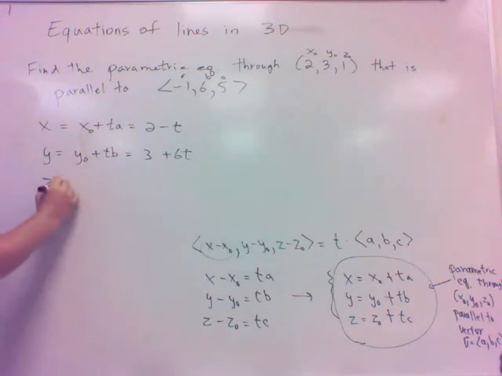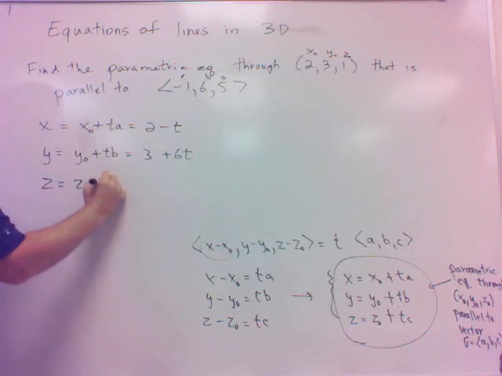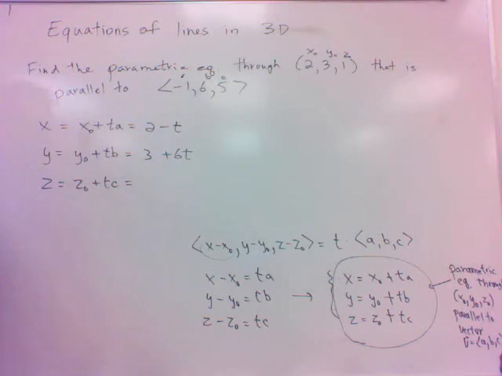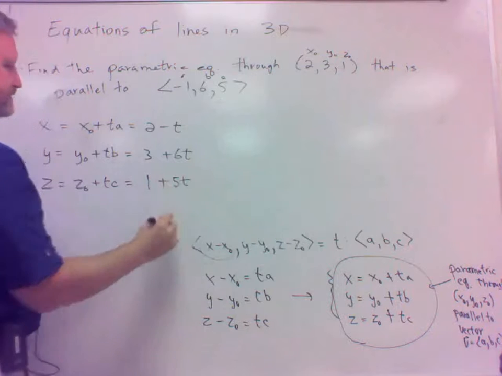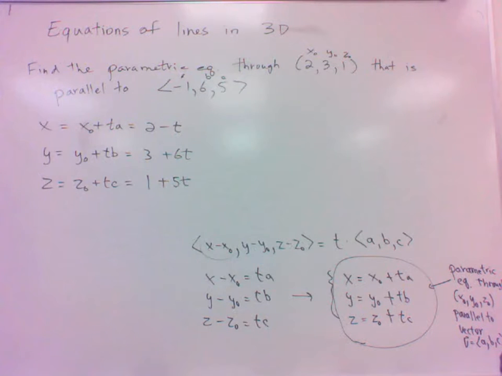And then z is z0 plus tc, 1 plus 5t. So that would be our parametric equation. It doesn't give you a nice little equation, I guess, but it does give you a way to find the x, y, z.